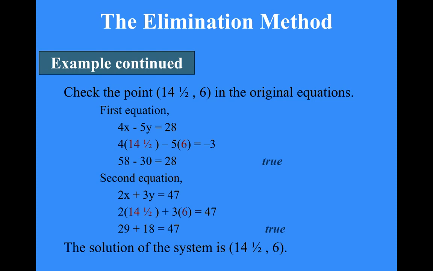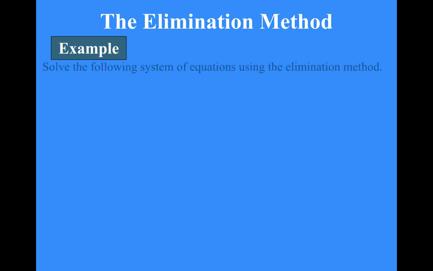Okay. Now, let's look at another example. Same idea, slightly different. We have to do one extra step here. We have two equations, 6x minus 3y equals negative 3, and 5y equals negative 4x minus 9. This is our system. Remember what I said about aligning all of your terms that are the same.